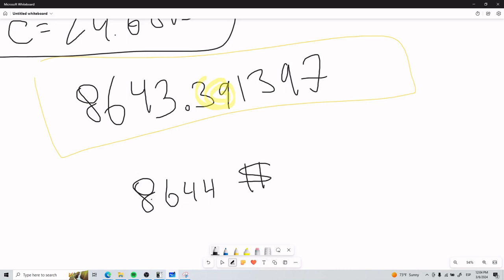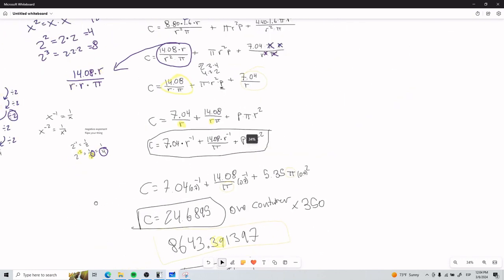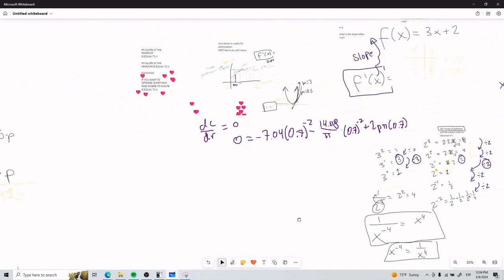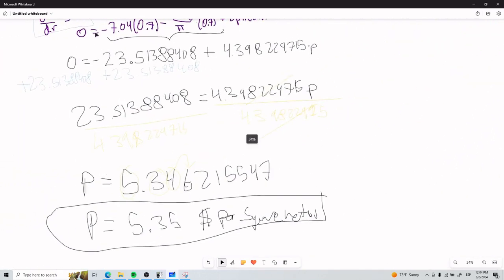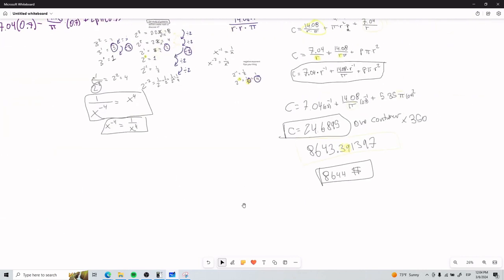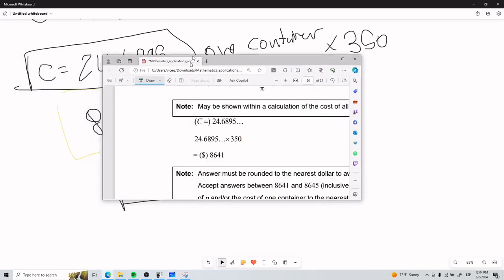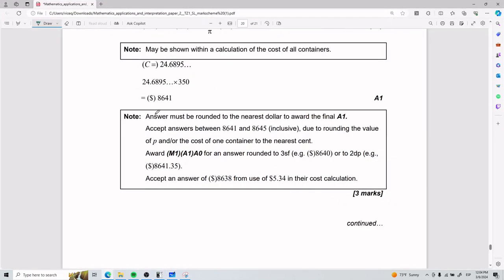$8,644. And just so you know, if you got something a little different, right? If maybe you didn't use these long numbers over here, if you did significant figures, you can get a slightly different answer, and the IB takes this into account. Just so you guys are a little bit more relaxed, look at the answer key here. It says accept answers between 8641 and 8645 due to rounding the value.